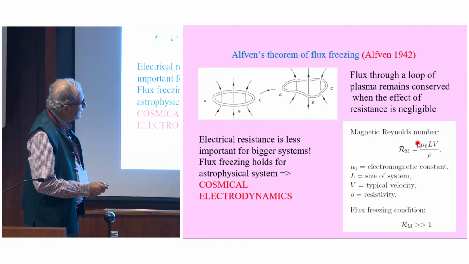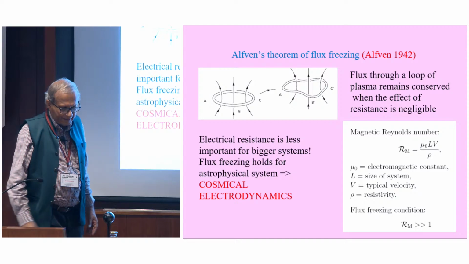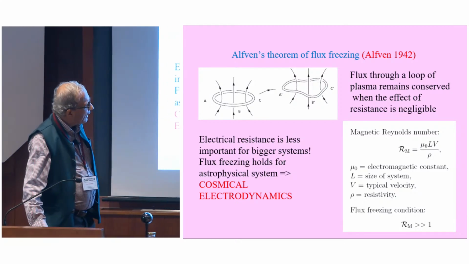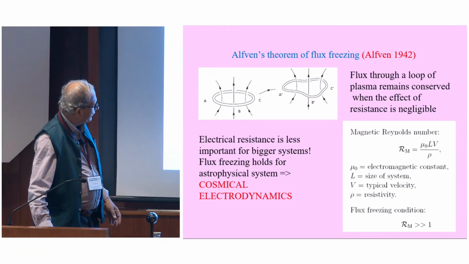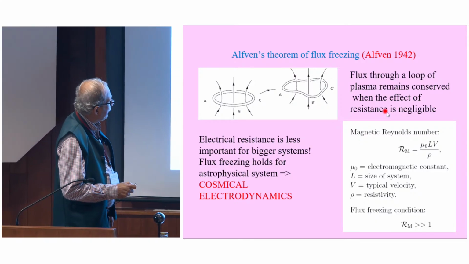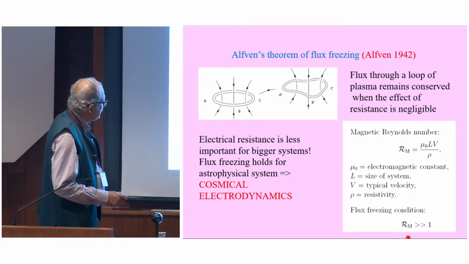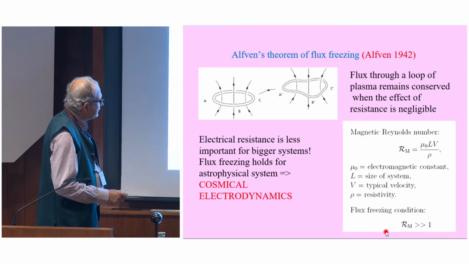Also, the magnetic Reynolds number is proportional to L, the size of the system. So if the size is large, the magnetic Reynolds number is also large. And the condition for flux freezing is that the magnetic Reynolds number has to be much larger than 1.